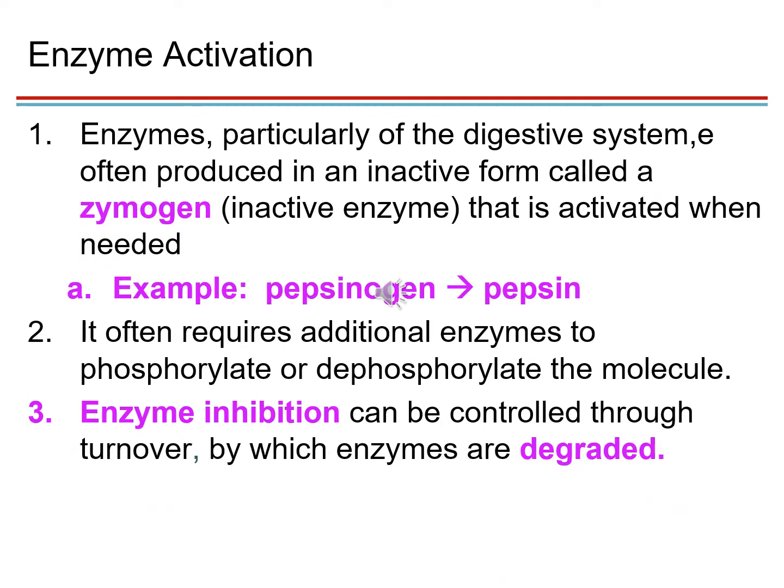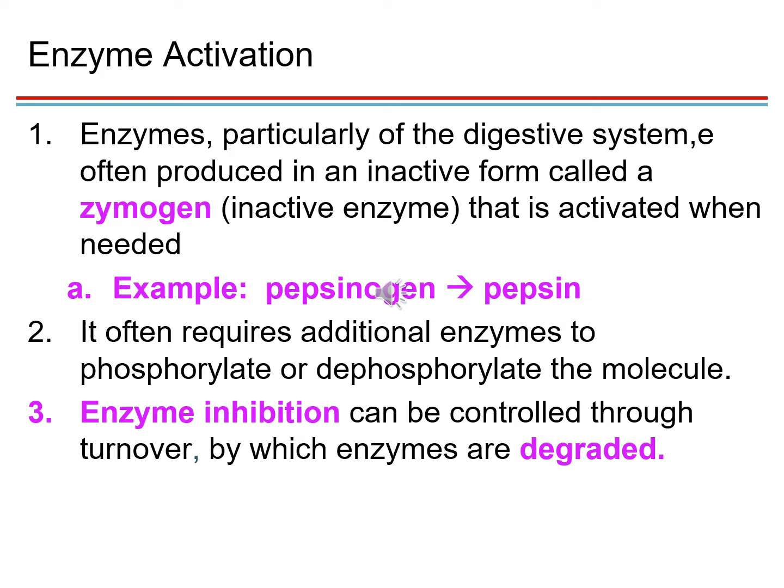You also have to know that several enzymes in our body are already active and ready to be used, but others are inactive, and when an enzyme is inactive, it's called a zymogen. It's an inactive enzyme that needs to be activated in order to perform its function.